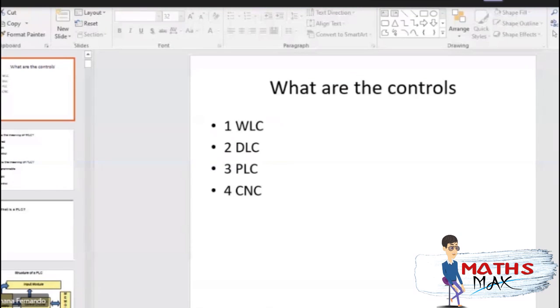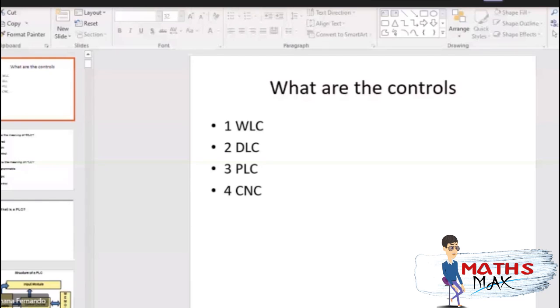The beauty of computer numerical control is that it is much faster than all other controllers. Processing speed is very much faster than all other controllers.